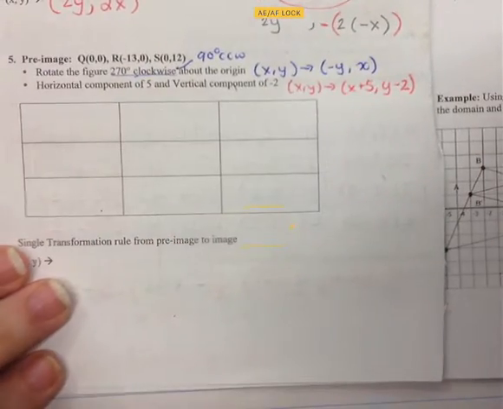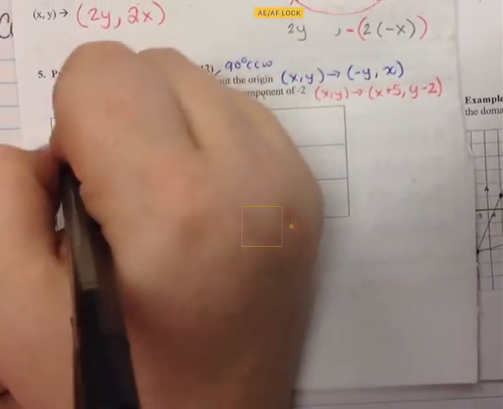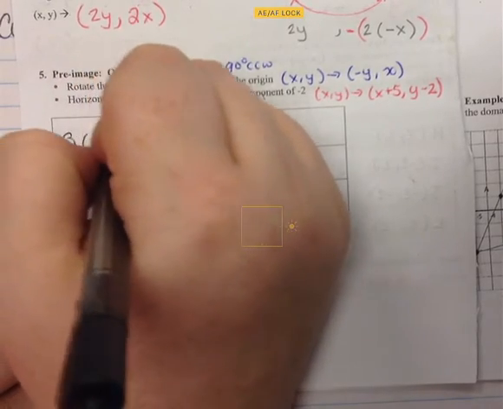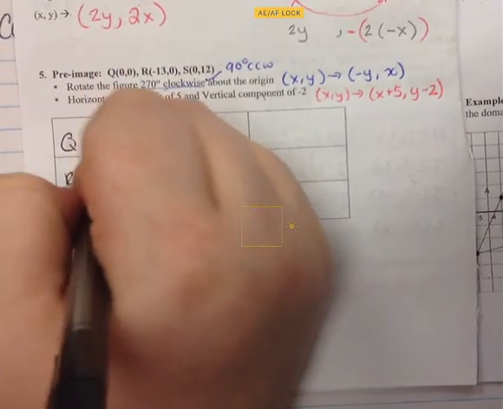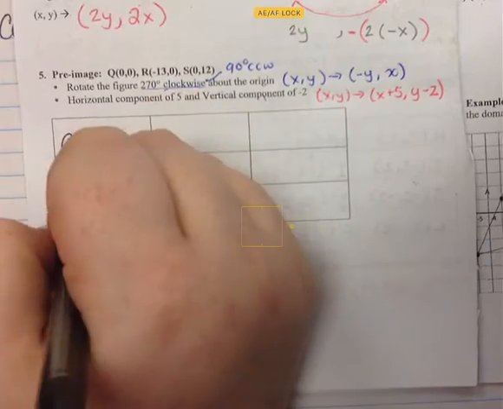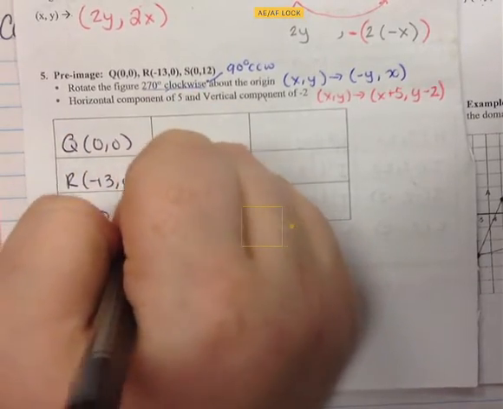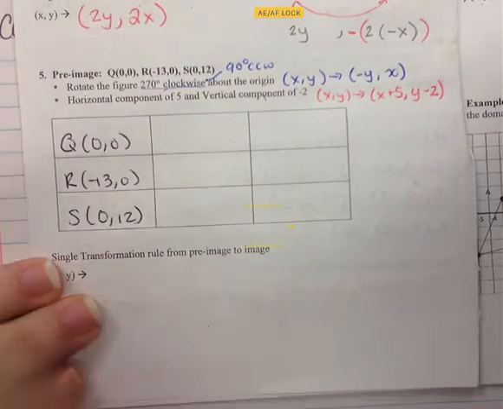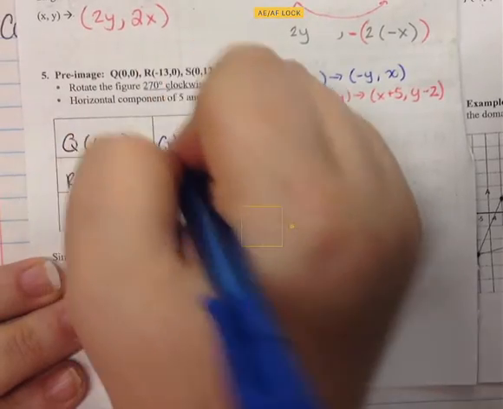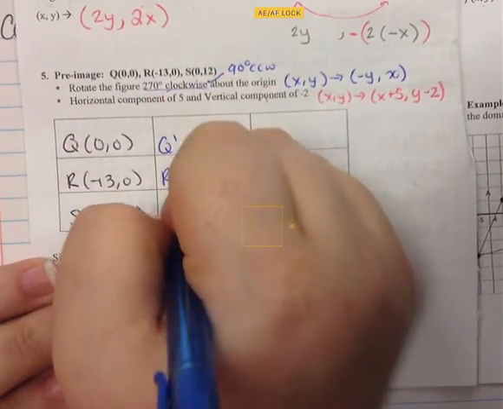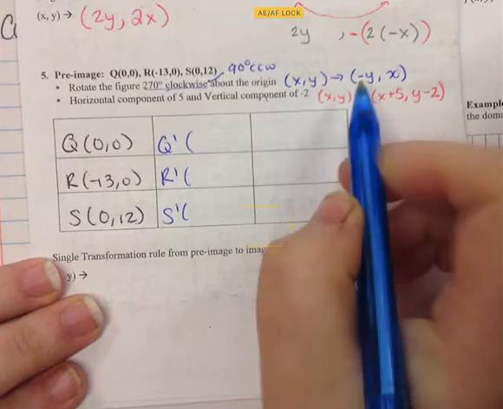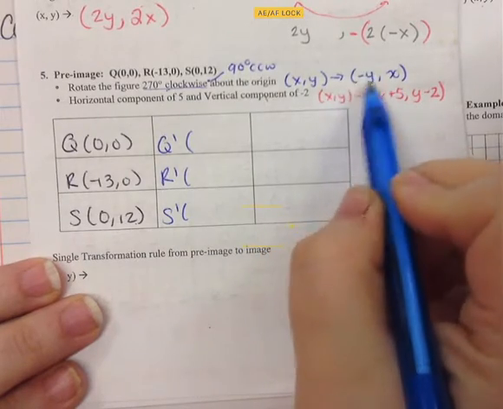So now we can go in and do all of our coordinates. Q is at 0, 0, R is at negative 13, 0, and S is at 0, 12. In blue, we're going to have Q prime, R prime, and S prime. We're going to flip them and then negate the front number.